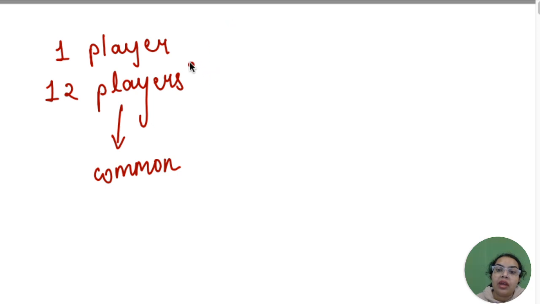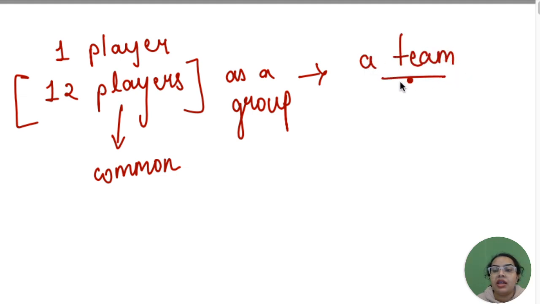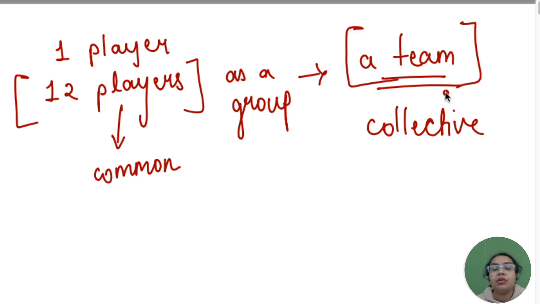But when I'm talking about 12 players collectively as a group, I want to name them. I will say a team is a team. This is the collective now. Now, many people think since it is collective, since it is a name given to the group, it automatically acts as plural.